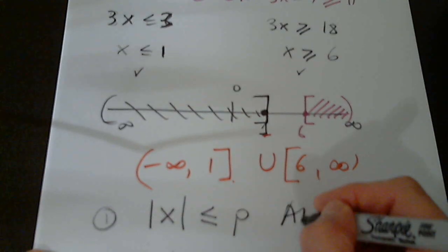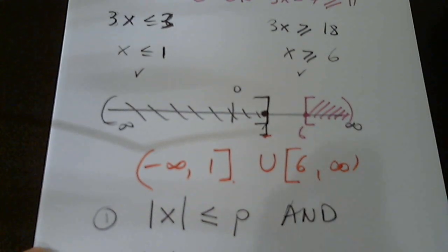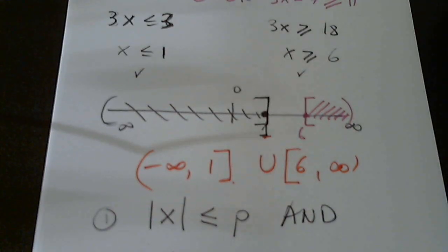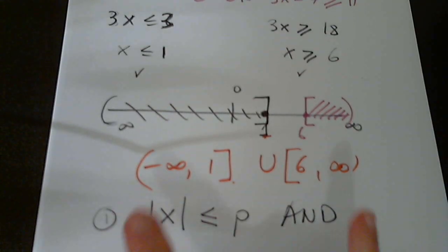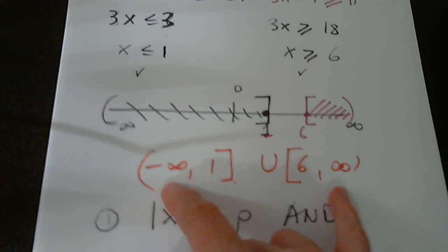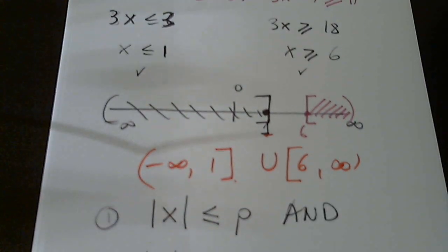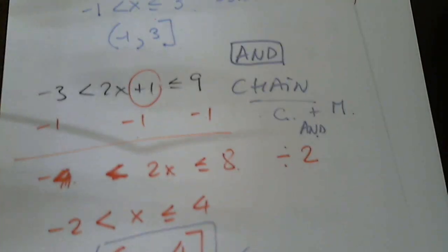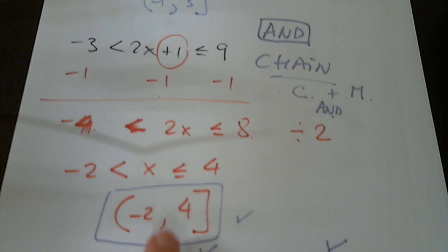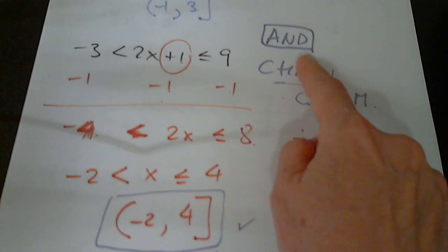Well, this one is an and this one is an or. So expect the answer for this one to be like this, and expect the answer for this one to be a chain, because it's an and.